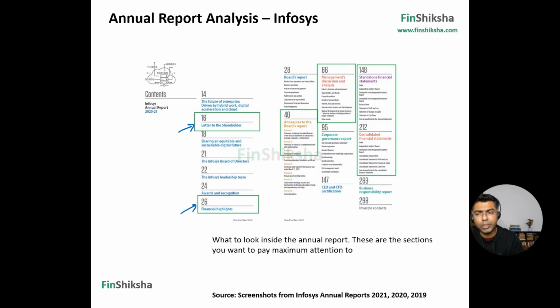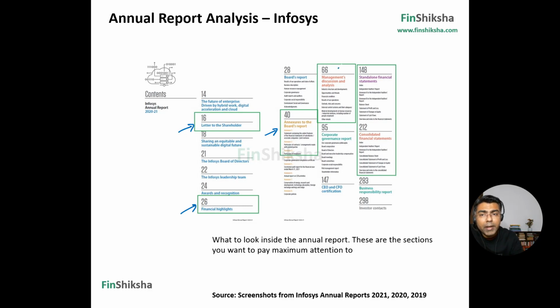You want to look at financial highlights, because financial highlights give you a sense of what's been the history of the company and how has that moved. You want to look at some of these annexure to board reports, because these reports give you a sense of a little bit of corporate governance around the company. Things like management remuneration, things like how many independent directors are there on the board of directors of the company, and so on and so forth.